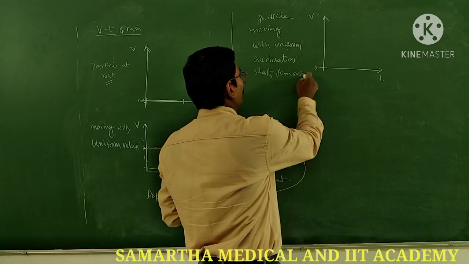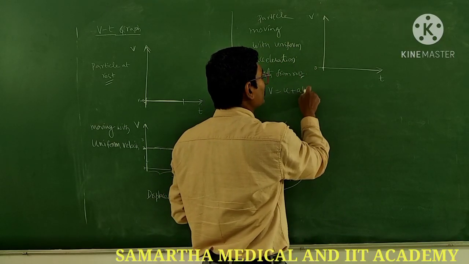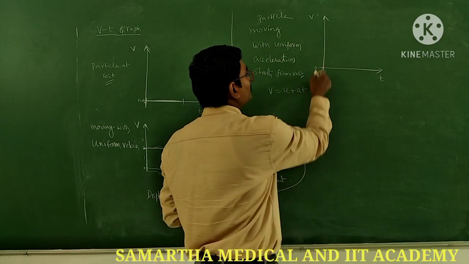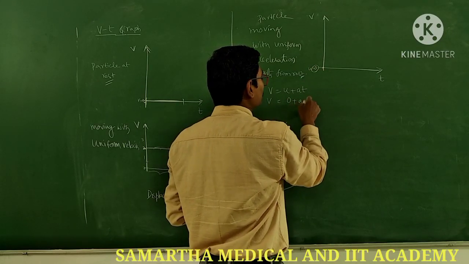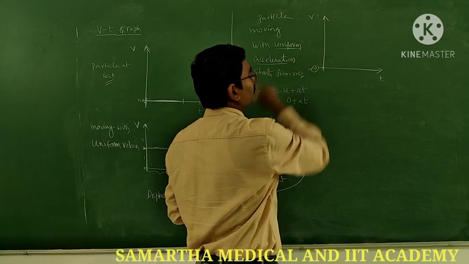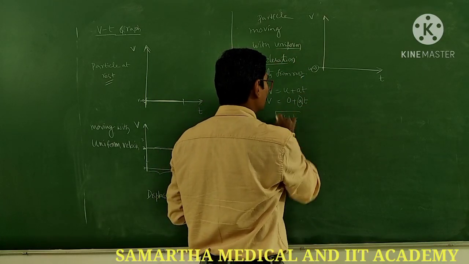Next, how will you show the graph? You know the equation of motion: v equals u plus at. What is u here? 0. Plus at. What is a? Uniform acceleration we are discussing, so constant. So v is directly proportional to t.